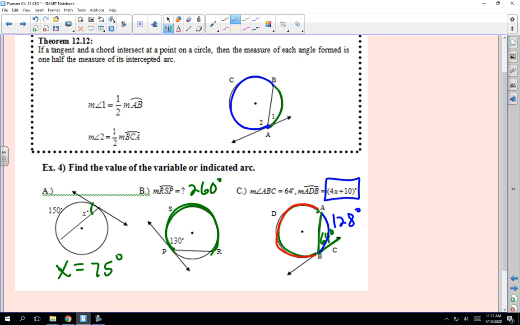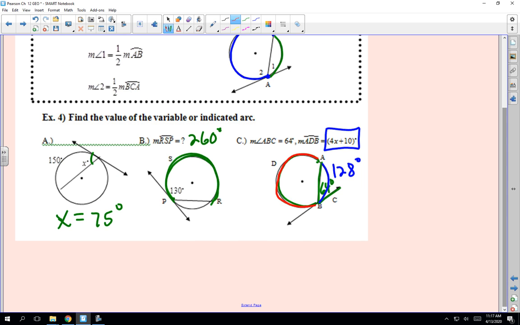Well, how do I find the degree measure of that red arc? Well, if I know AB, the blue arc, is 128, I can find the red arc by taking 360 minus 128. So 360 minus 128 is going to be 232 degrees.